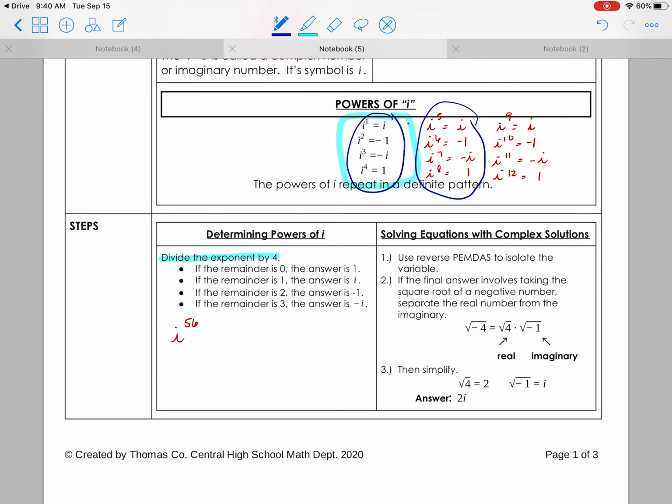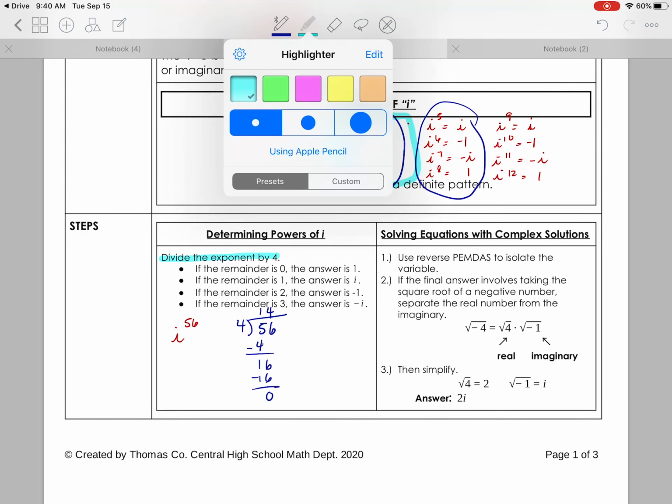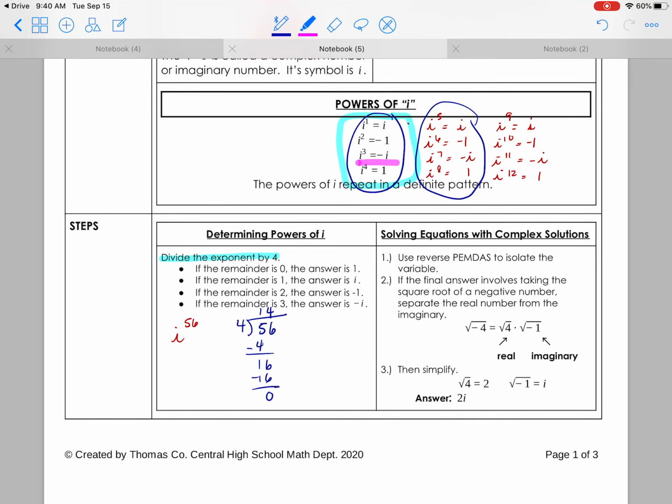It repeats after the fourth one. So 4 goes into 56 14 times. It goes once, that's 4, then 16, it goes 4 times, that's 16. I don't have a remainder. So if I don't have a remainder, that means I am at i to the fourth. So this thing equals 1.